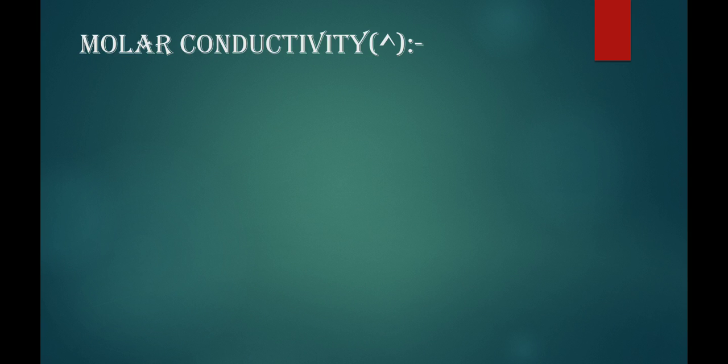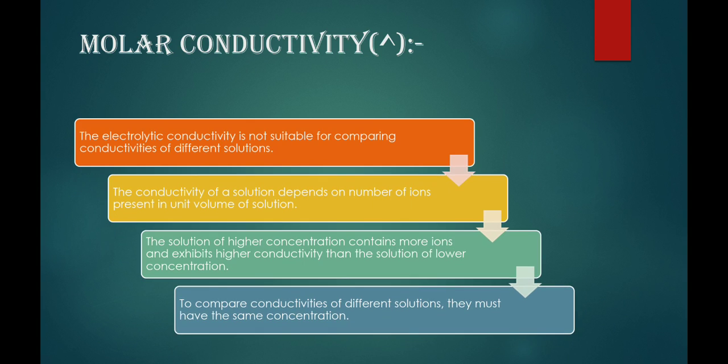Molar conductivity is denoted by capital lambda. See here, the electrolytic conductivity is not suitable for comparing conductivities of different solutions. The conductivity of a solution depends on the number of ions present in unit volume of solution.